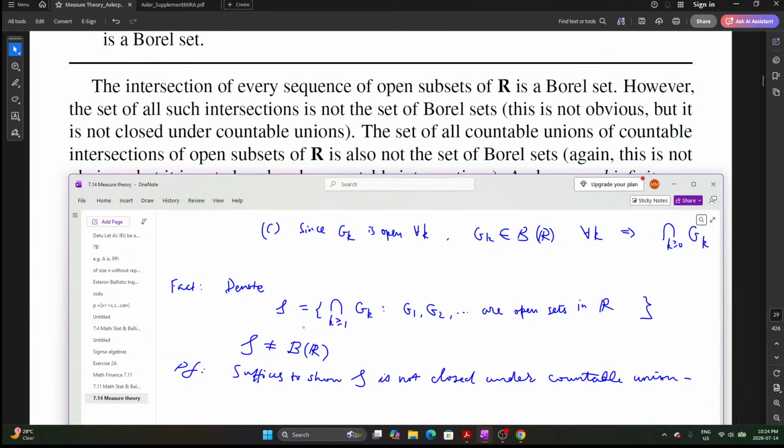Well, it is well known that the intersection of open sets isn't necessarily open. Tricky, right?